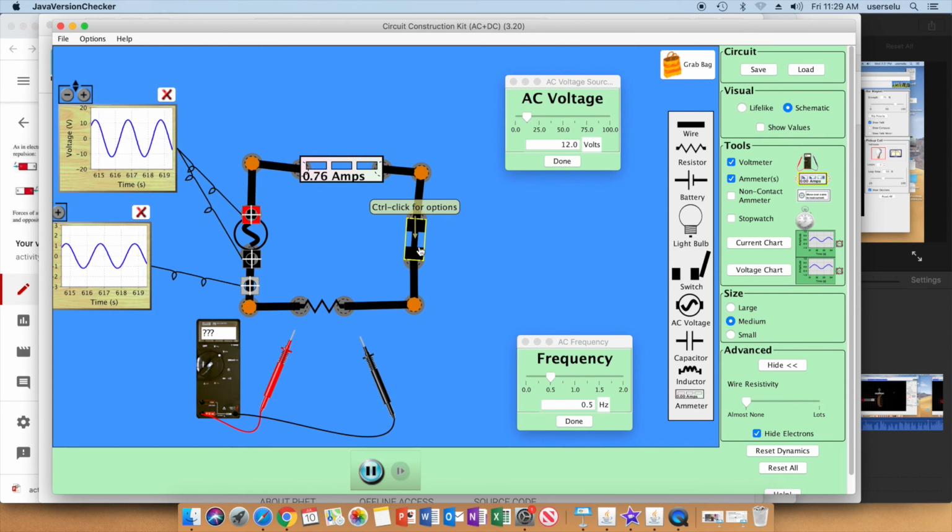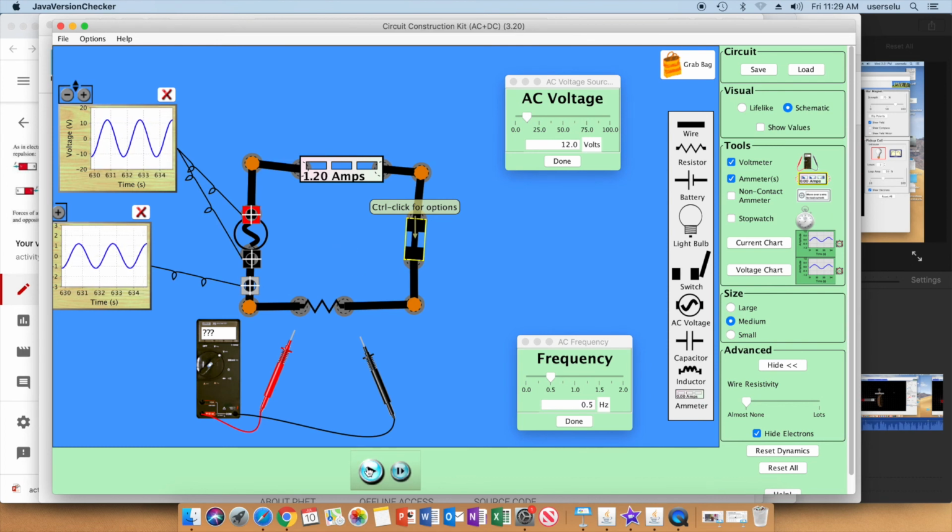Now you'll notice that the current is varying from a maximum to a minimum, just like the voltage is varying from a maximum to a minimum. Now what we can actually do is see if Ohm's law is verified.